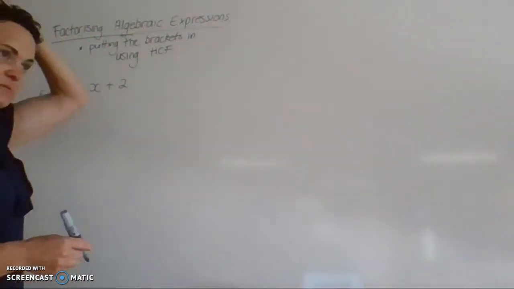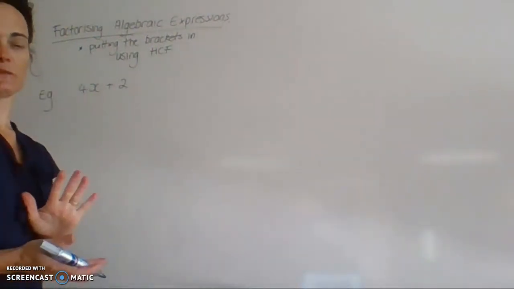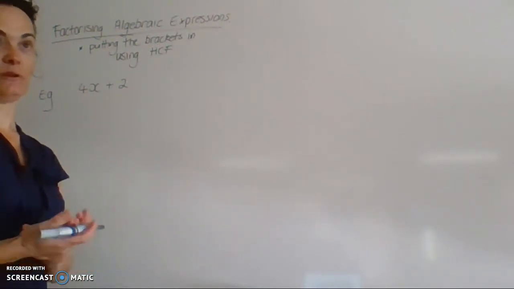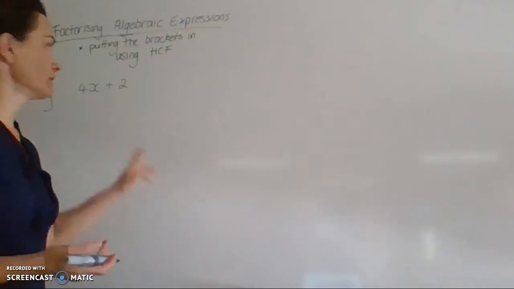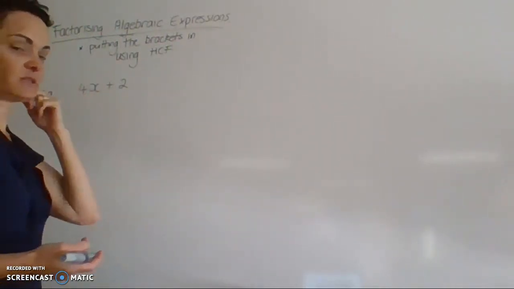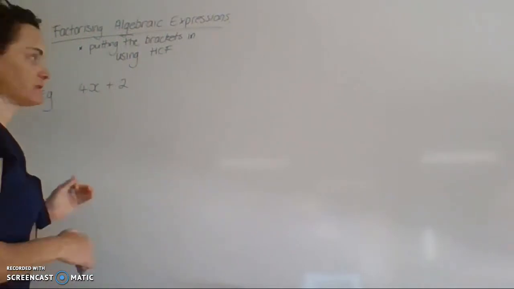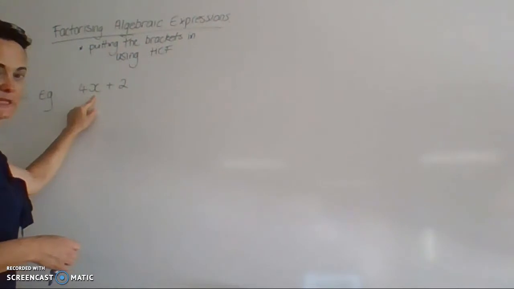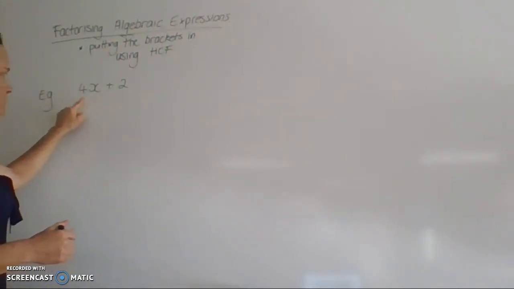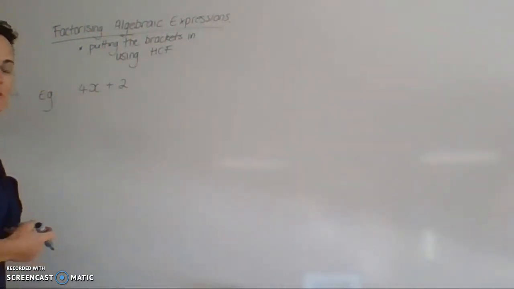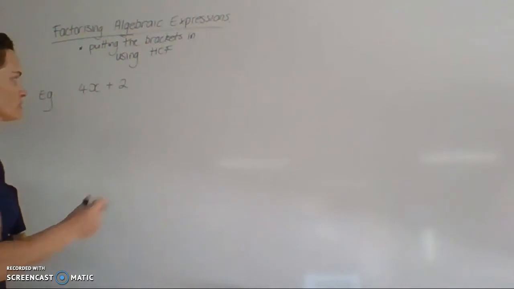So highest common factor, remember, is the highest number or term or a combination of both that goes into both terms in the expression. So I've chosen an easy one to start off with. First of all, between the 4 and the x there's multiply, and I'm not going to write that out in expanded form. But we're looking at the numbers 4 and 2, and the highest number that goes into both of those is 2.